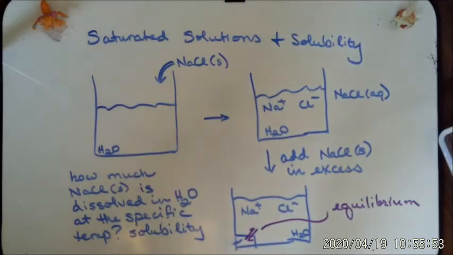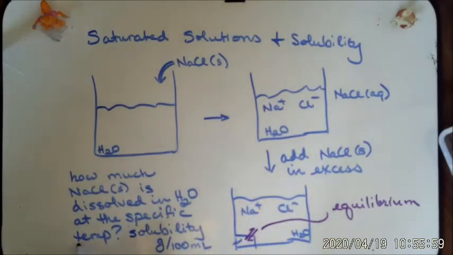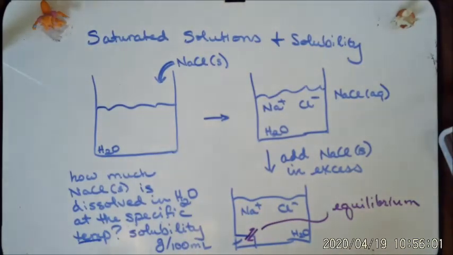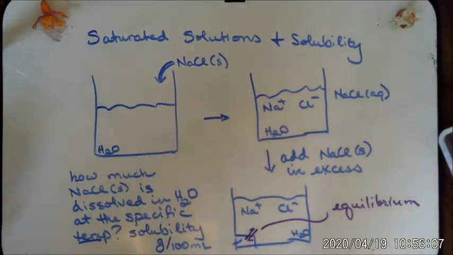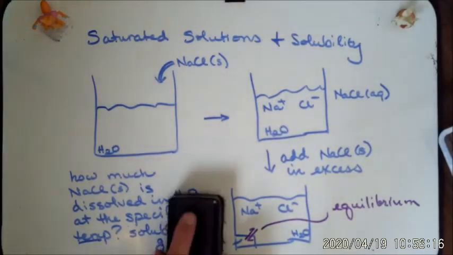The most typical units would be grams per 100 milliliters, and you need to specify the temperature as well. Why is that? Because solubility is temperature dependent. So, solubility describes how much solute is in my solvent at equilibrium.